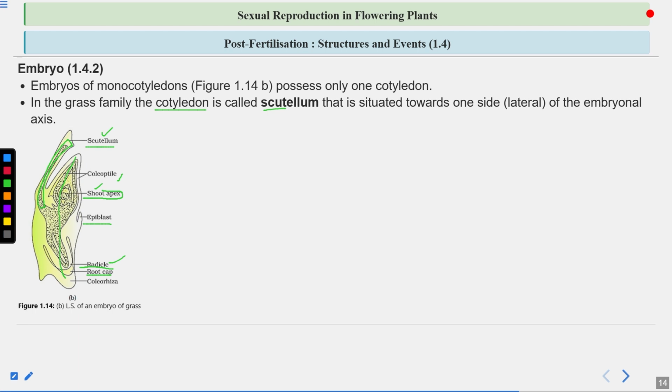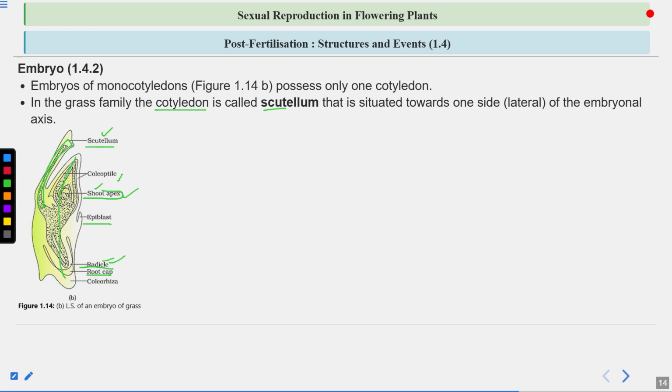They are concerned with the formation of somatic tissue of the embryo proper. What is the function of coleorhiza? Coleorhiza provides protection to the developing radicle. It is a sheath-like covering which protects, because these parts are very delicate. The shoot apex is a very delicate part.